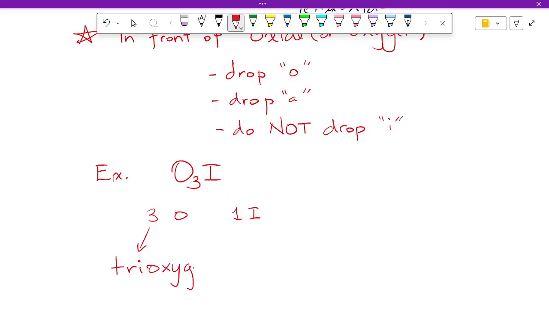Oxygen. Remember, no "ide," because it's the first word. Do we drop the I in front of oxygen? Nope. Trioxygen.